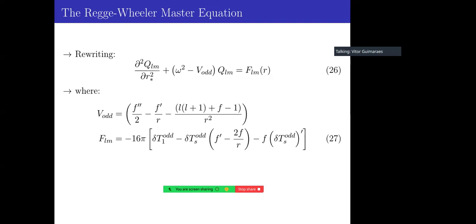Okay. The thing is, we still need to look at the other part, the even part. So this is the Regge-Wheeler equation. And we're not completely out of the woods yet, because we have the other part to find out. And this other part is kind of a pain, right?